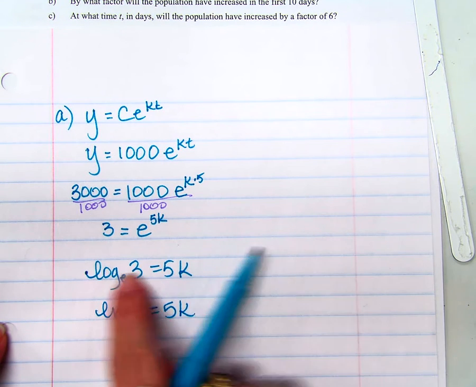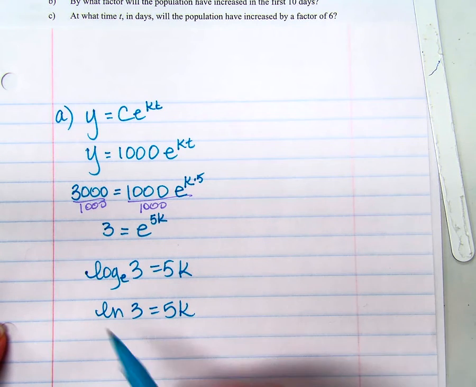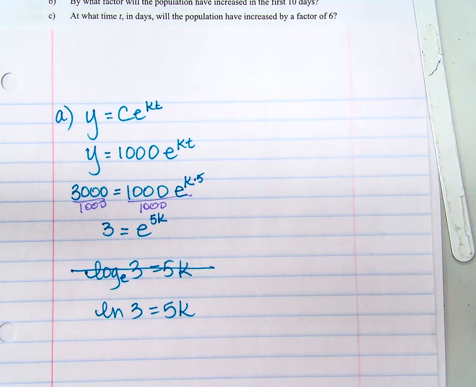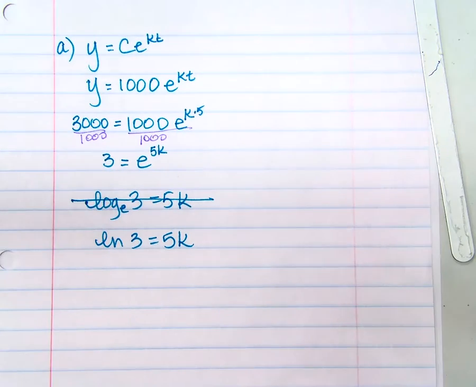He figured out that he can skip this step. Why can you skip this step? Because you know that log base e is natural log. This is the step you can skip if your brain is there yet. If you need to write it down, go right ahead. It's helping your brain process, and I'm okay with that. But if that's a step you can skip, absolutely go ahead and skip it.